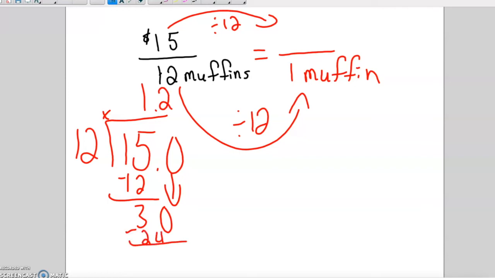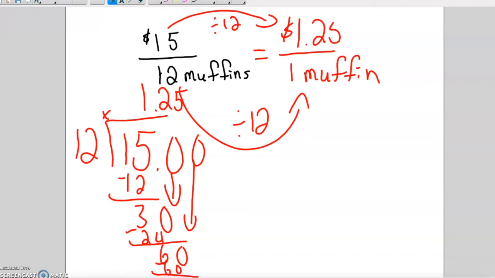Subtract 6. Gosh, we got to keep bringing stuff down, don't we? How many 12s fit into 60? Well, that's 5. So that would be 60. Aha, you can do this. It is $1.25 per muffin. Don't forget, you know how to do this.